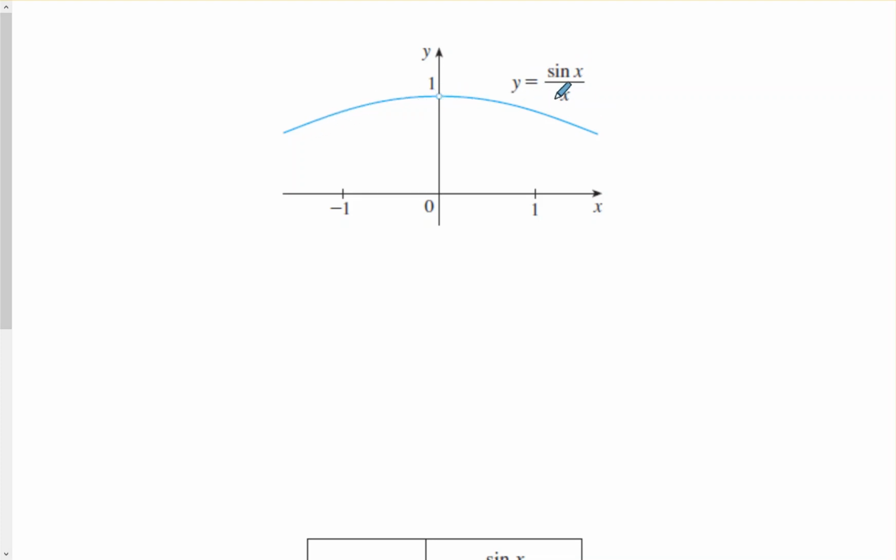Now obviously at x equals 0, we'd have a case of 0 over 0, which will be undefined. So notice that's why we have the hole there. But in all likelihood, the general trend tells us that the limit of this function is approaching 1.